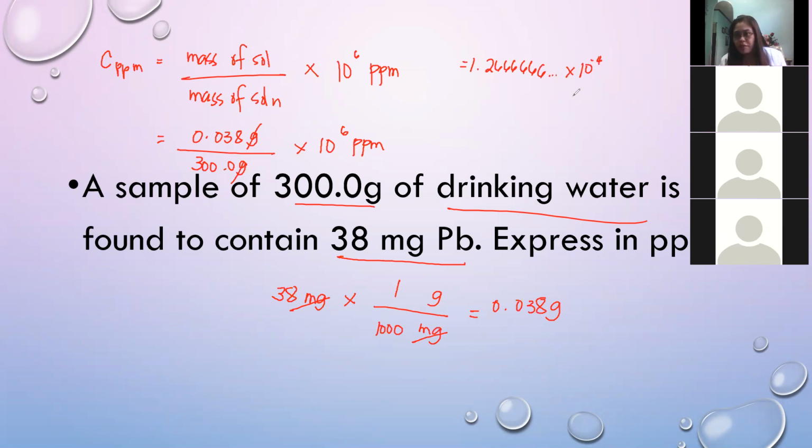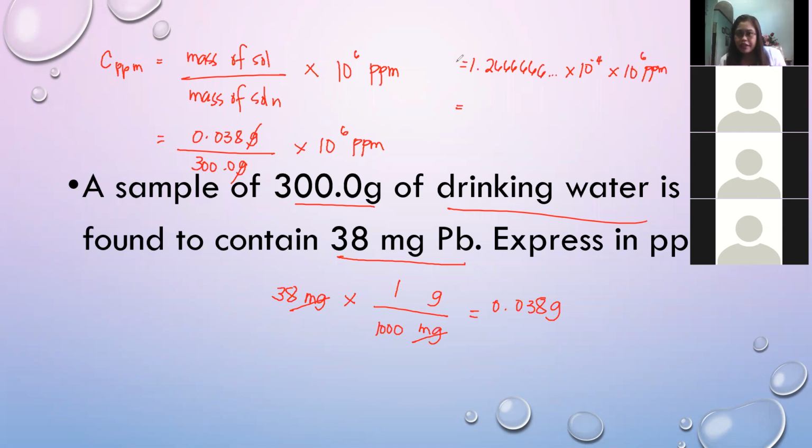Then times 10 raised to the power of 6 ppm. So we just multiply it.